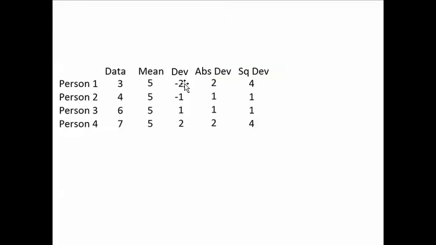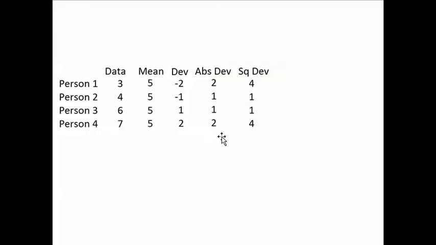If we take this column of deviations and we just leave off the negative signs, we get a column of absolute deviations. And if we calculate the mean of the absolute deviation column, we get the MAD, or the mean absolute deviation.